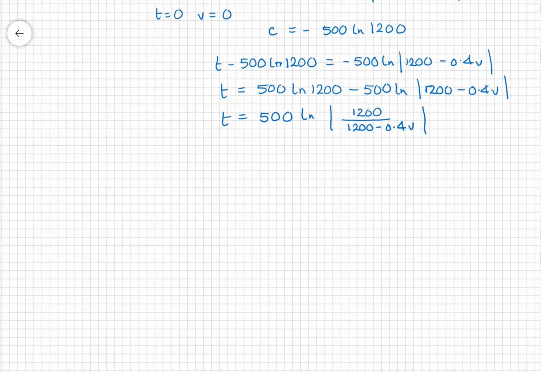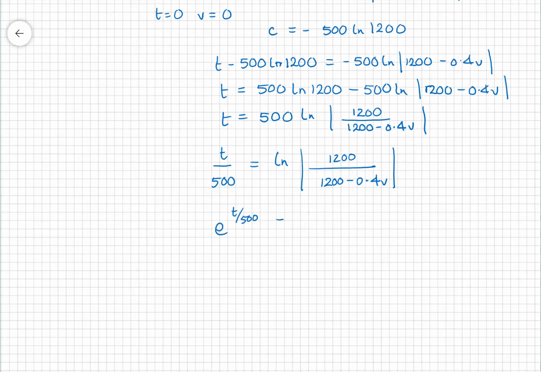And so we're going to begin by dividing by 500. t over 500 is equal to the ln of 1200 over 1200 minus 0.4v. And then removing the log, we get e to the t over 500 is equal to 1200 over 1200 minus 0.4v.